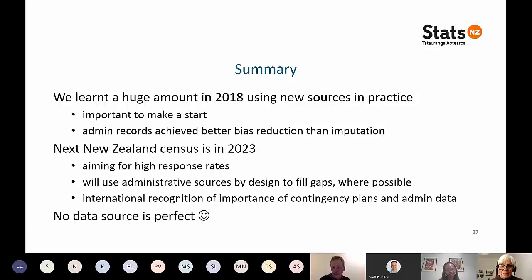Yes. So New Zealand belongs, with a group of countries, to what we call the International Census Forum. That's basically England, the UK and English-speaking countries like Canada, the United States, Australia, New Zealand. We meet annually, really, to discuss how censuses in our countries are going, and countries like the United States are in the middle of trying to deal with a census in the middle of a pandemic.